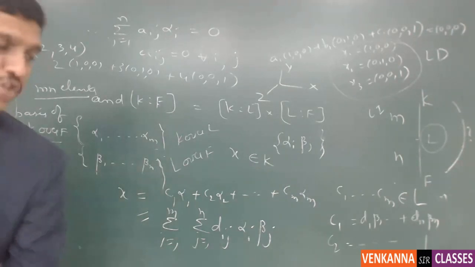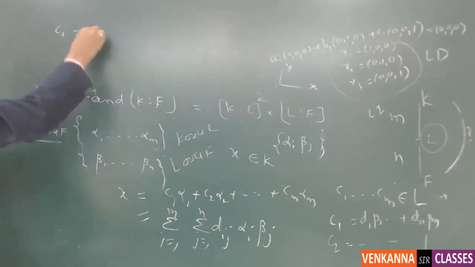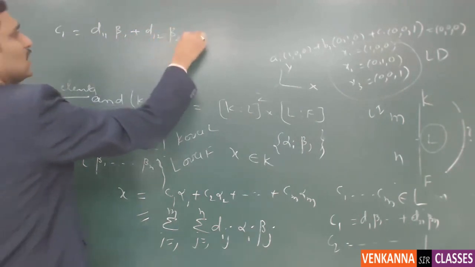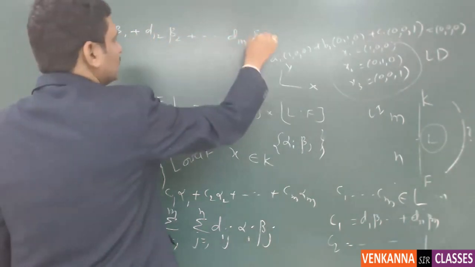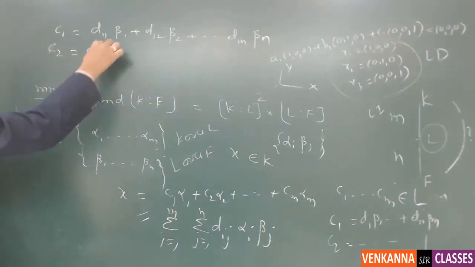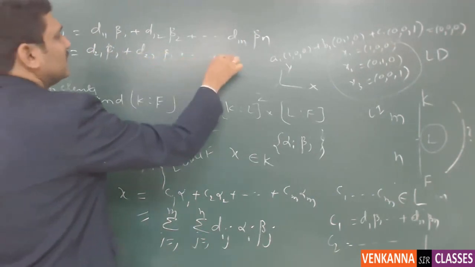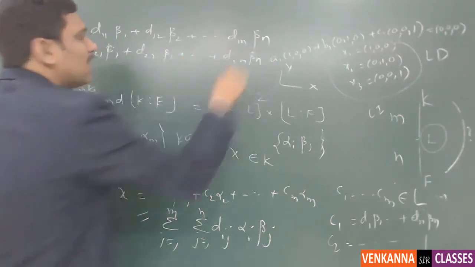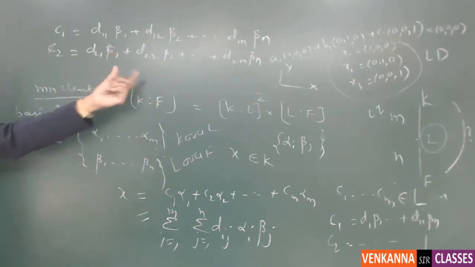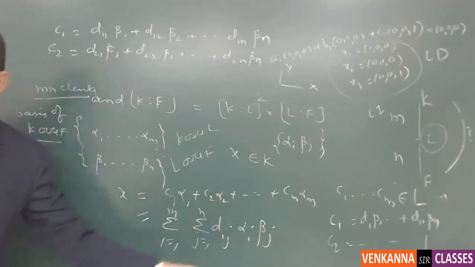C1 is taken as D11 beta 1 plus D12 beta 2 plus so on plus D1n beta n. If you take the second value C2, it is D21 beta 1 plus D22 beta 2 plus so on plus D2n beta n. Like this, each C is written as a linear combination of betas.